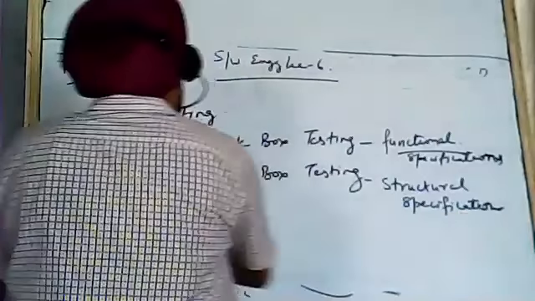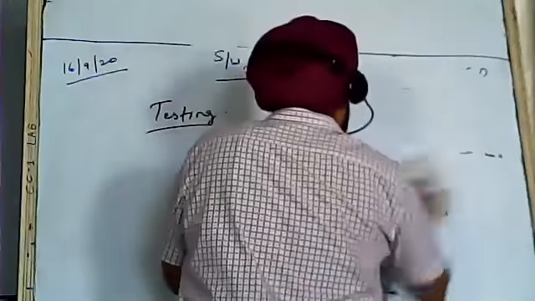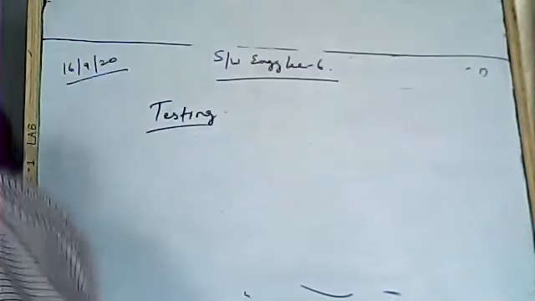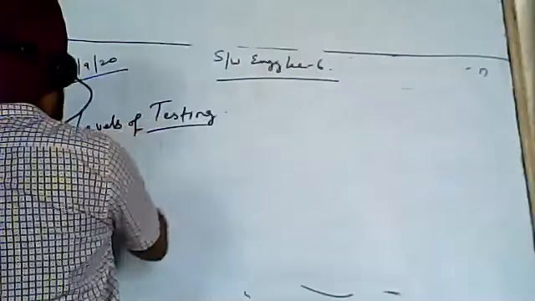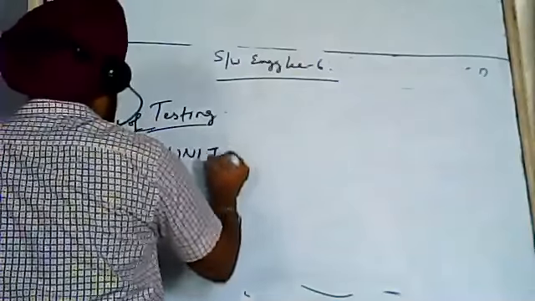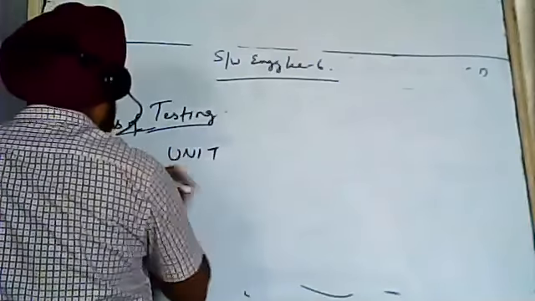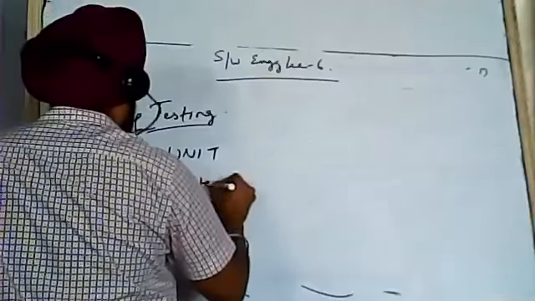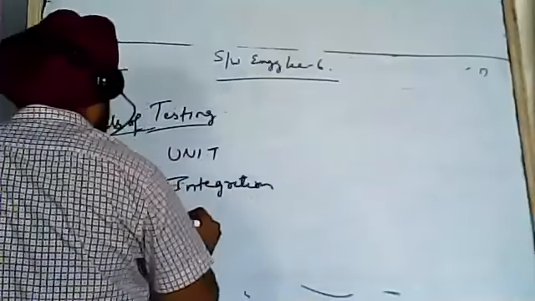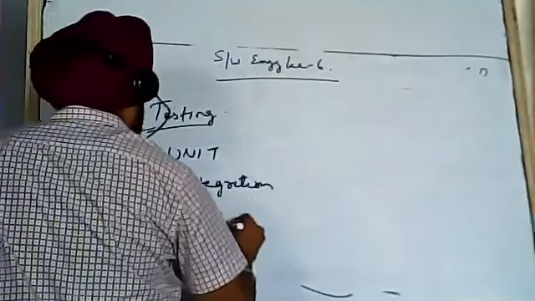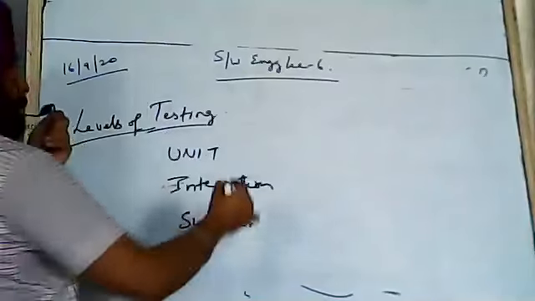Then there are different levels of testing. In levels of testing, we have unit testing, integration testing, and system testing. So in unit testing, what happens?